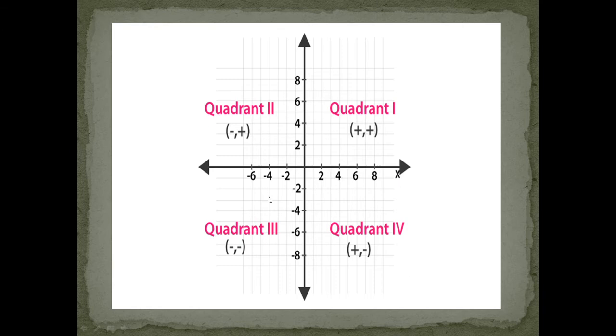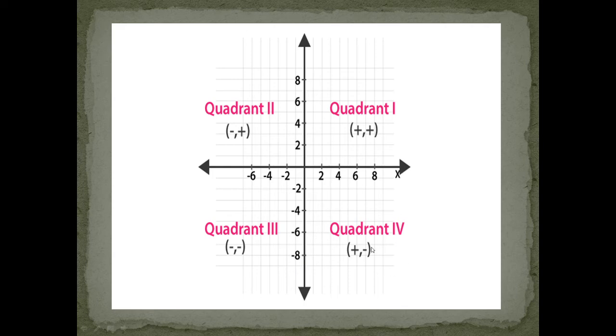As I told you, after drawing the coordinate axes, the x-axis and y-axis divide the plane into 4 parts. Those are called quadrants. This is the first quadrant, where the x-coordinate and y-coordinate are both positive. This is called the second quadrant, where x is negative and y is positive. This is called the third quadrant, where x and y coordinates are both negative.